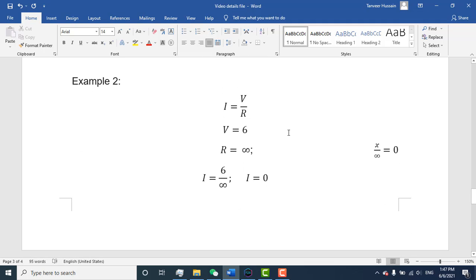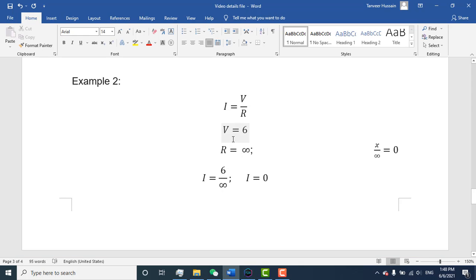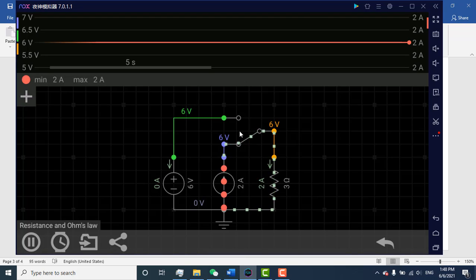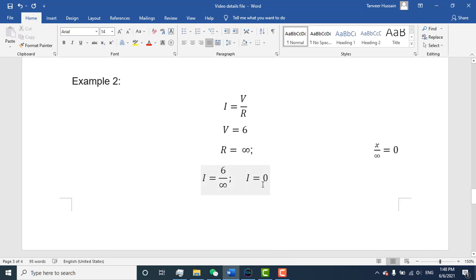Go for example 2. Here I write the formula I is equal to V by R. The voltage is 6 volt, and resistance is infinity because this terminal is open. Any open terminal has infinite resistance.